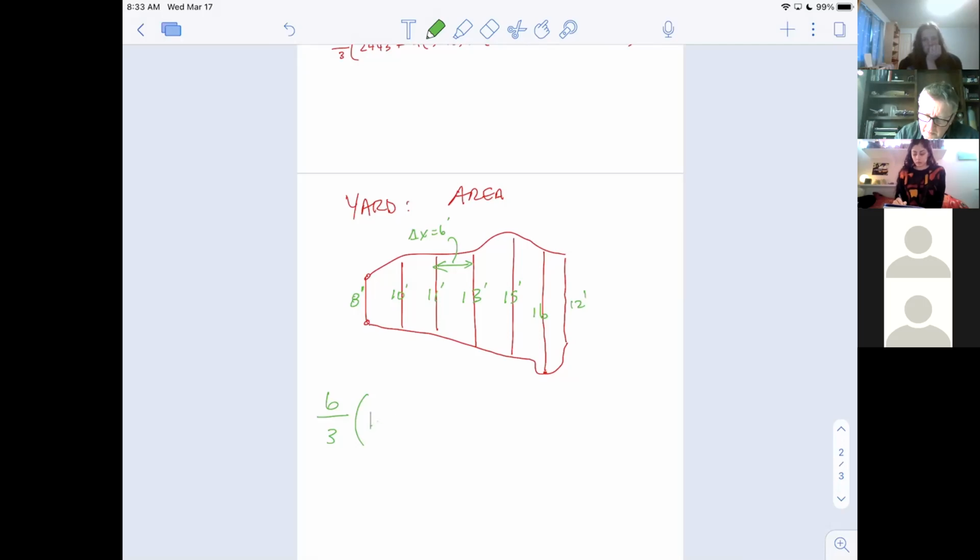And so I'll go ahead and write the 1 in this time. 1 times 8 plus 4 times 10 plus 2 times 11 plus 4 times 13 plus 2 times 15 plus 4 times 16. Notice the pattern worked. Plus 1 times 12. It worked. It's symmetrical. It started with 1, 4, 2 and then ended with 2, 4, 1. Doesn't matter how much stuff is in between.